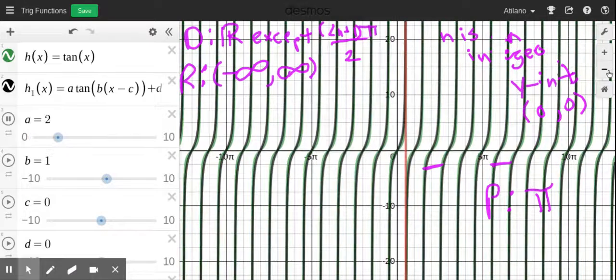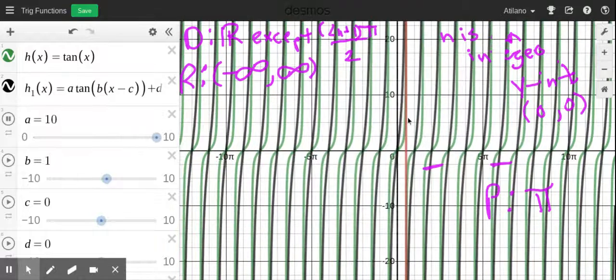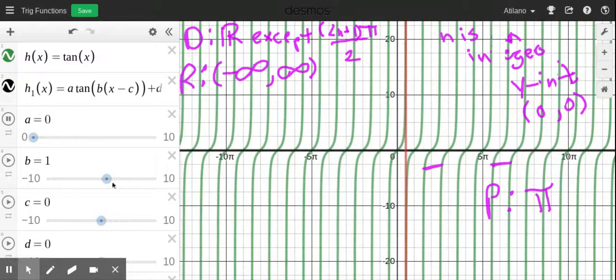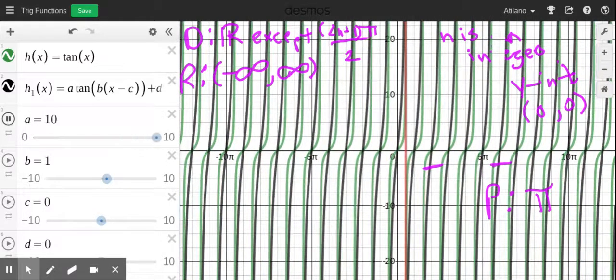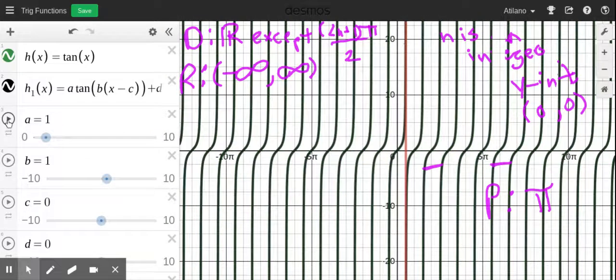Essentially what's happening is that the graph is stretching itself out vertically as the a values increase. And if you don't believe me, you can make this on your own and play around with it. I'm going to go back to the home screen.